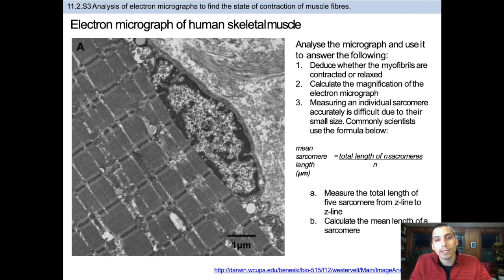You could also be asked to measure an individual sarcomere, although that does tend to be difficult, so you measure the total length of the sarcomeres because it's easier to measure, and then divide by the number of sarcomeres, and that way you get the average sarcomere length. I know it's really hard to do these things in videos, but it may be a good idea for you to pause the video and see how many of those questions you can answer right now. You should definitely be able to answer at least the first one and take a shot at those other ones.